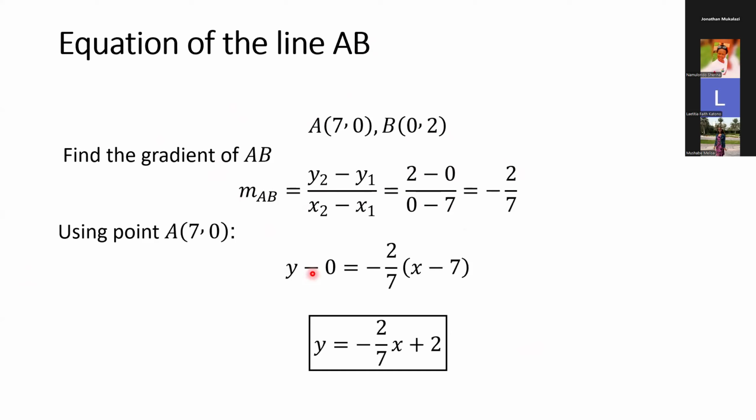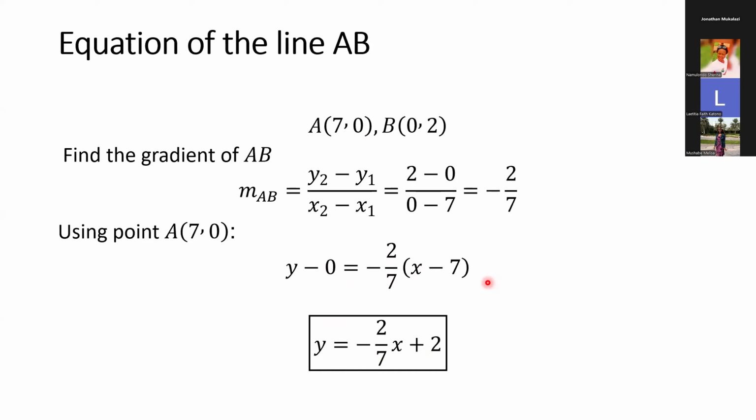We are using the point (7, 0), so we have y minus 0 and then x minus 7, and our gradient, negative 2 out of 7. This gives us the equation for that line.